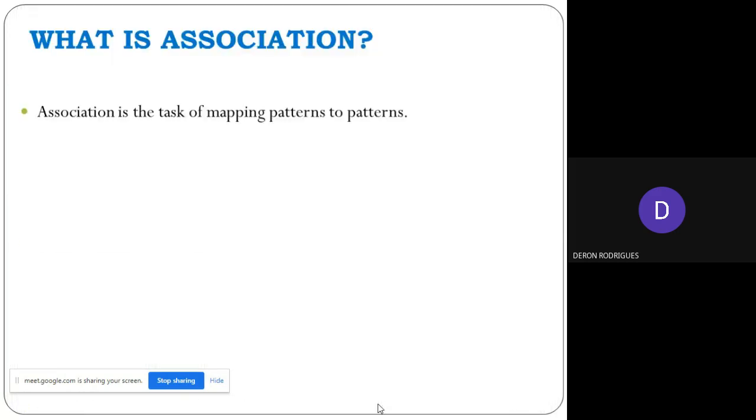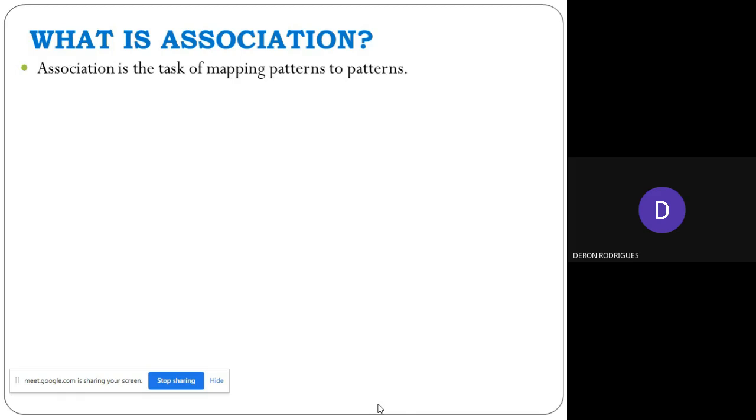First, let us have a look at what is the meaning of association. Association is a task of mapping patterns to patterns.